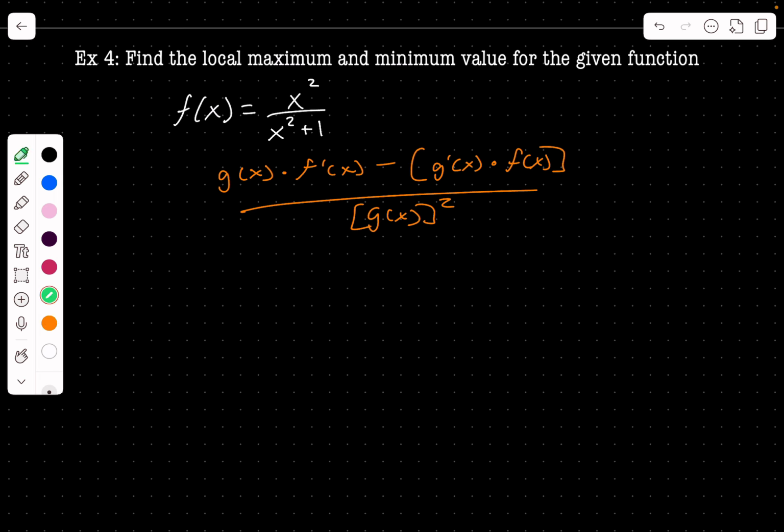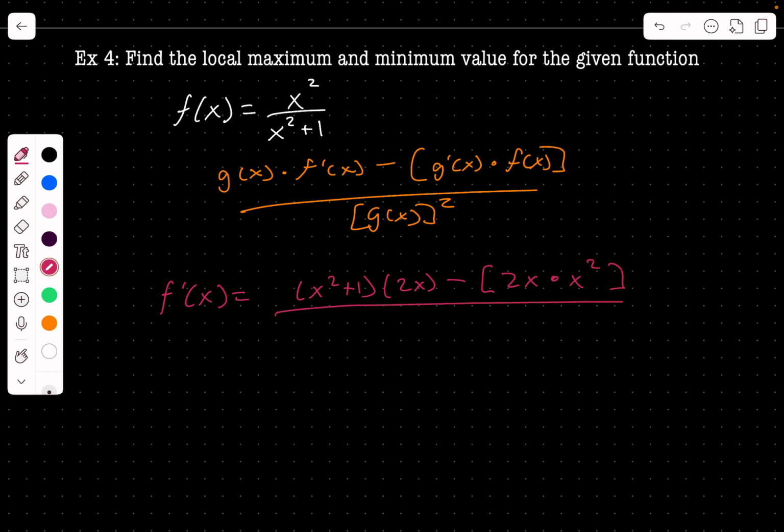Let's do that now. f prime of x equals x squared plus 1 times the derivative of the top, which is 2x, minus the derivative of the bottom, which is ironically 2x, times the top, which is x squared, all over our denominator squared.